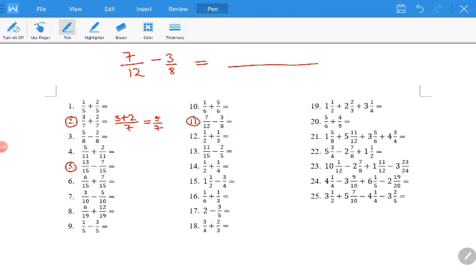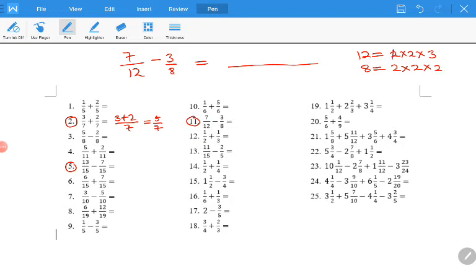So how do we get the lowest common multiple? We say 12 is equals to 2 times 2 times 3, right? And 8 is equals to 2 times 2 times 2.